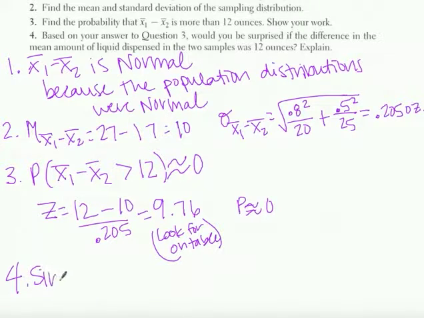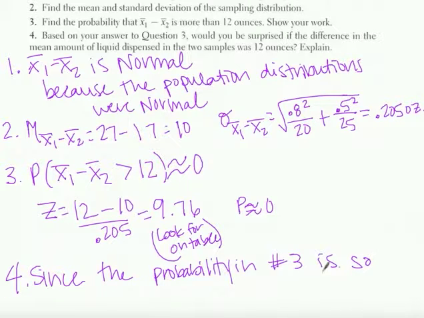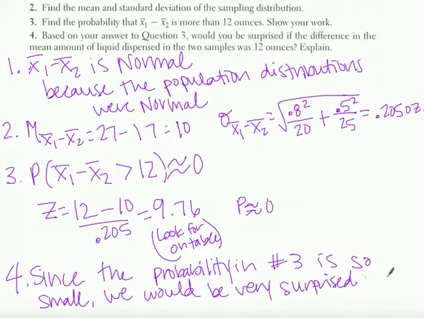So you would say, since the probability in number 3 is so low, so small, we would be very surprised to find a difference of 12 ounces.